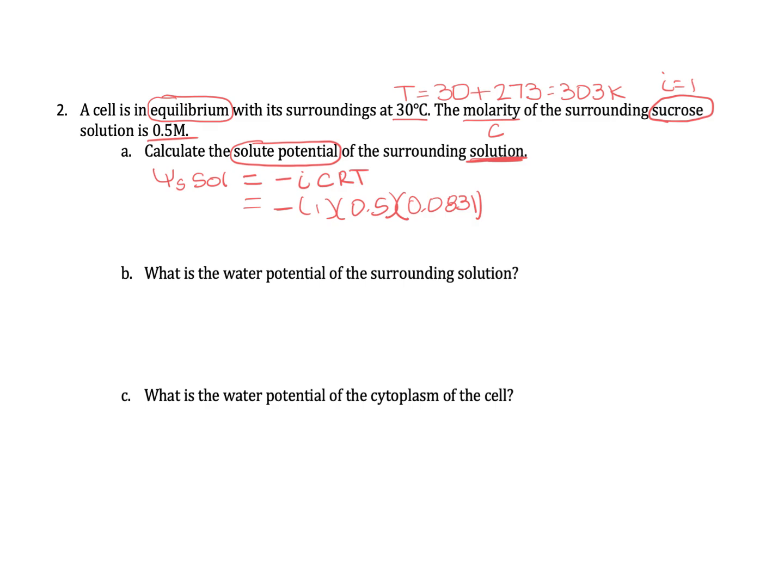Okay, and then we have our temperature that we calculated earlier at 303. When you multiply all of those across, we see that the solute potential of the solution is negative 12.6, and the units for that is bars.